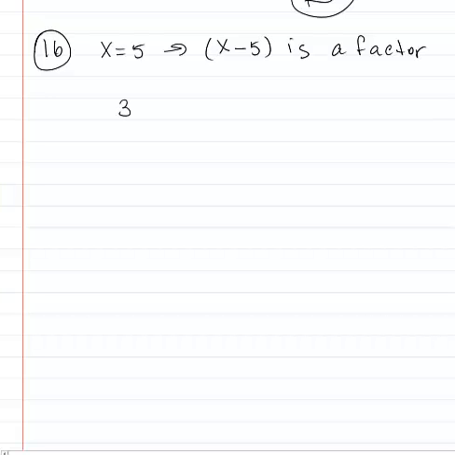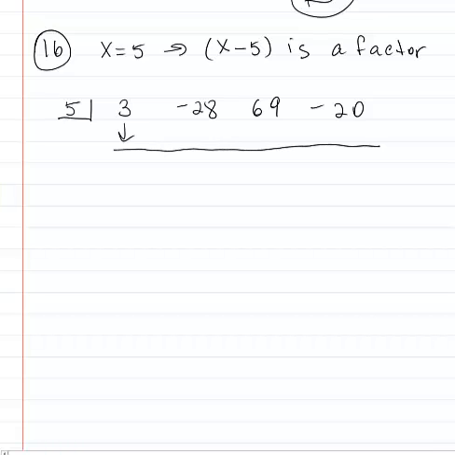So 3, minus 28, 69, negative 20. I'm going to divide this synthetically by 5. So bring this down, now multiply, gives me 15.